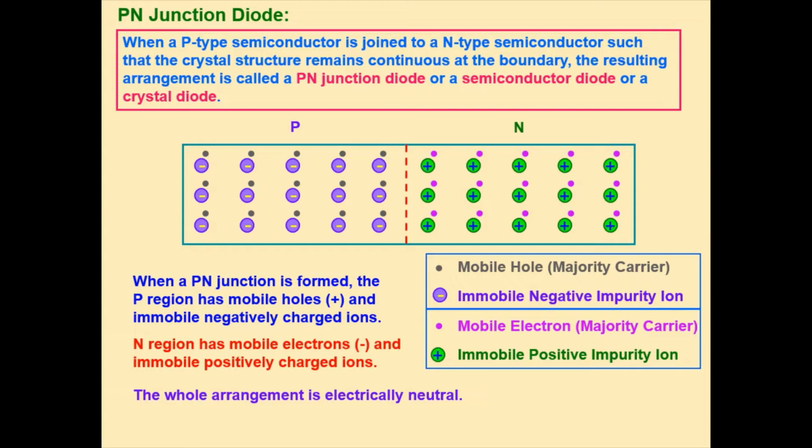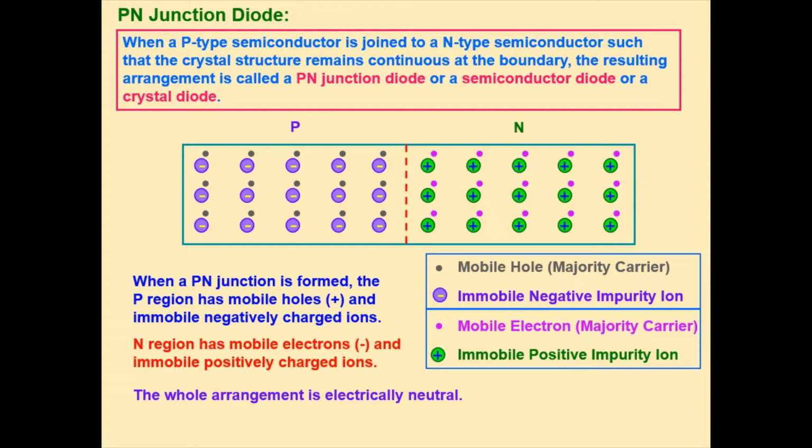Because the semiconductor crystal is electrically neutral, it has an equal number of electrons and protons, and when we add an electrically neutral impurity to make that semiconductor either p-type or n-type, the whole arrangement will remain electrically neutral. We add trivalent impurities for making p-type semiconductor, and we add pentavalent impurities for making n-type semiconductor.